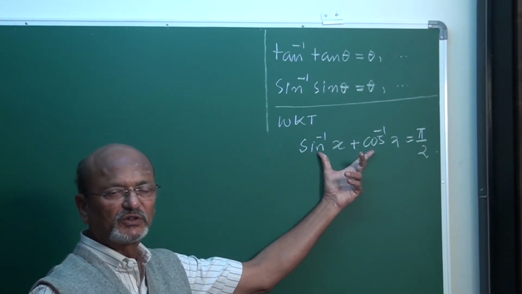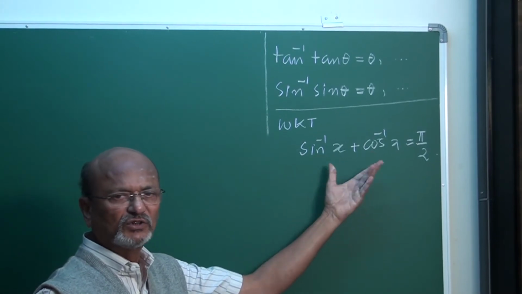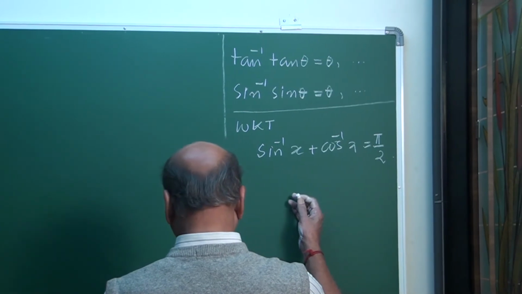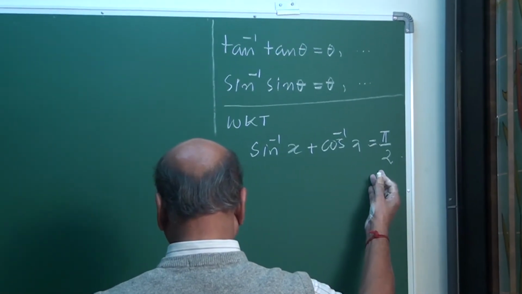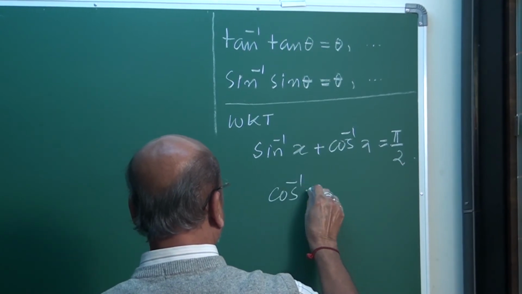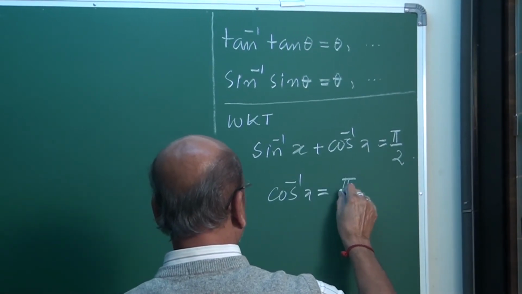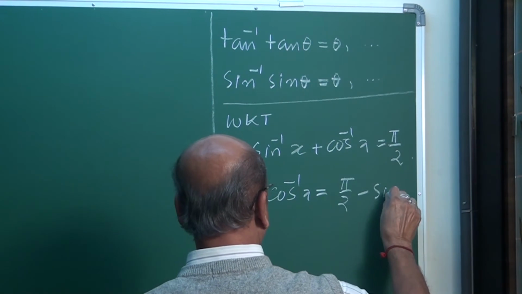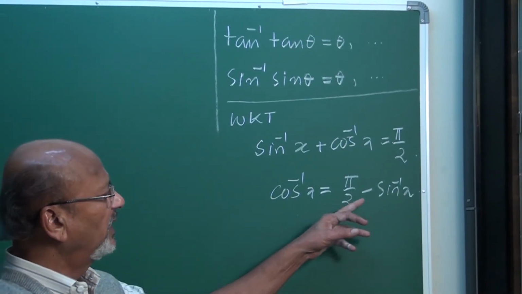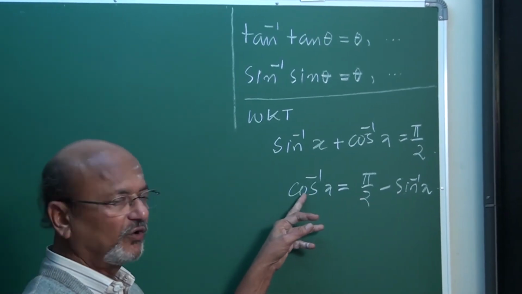Sec inverse x plus cosec inverse x is pi by 2. So from this, my friends, you can shift anyone towards that side. So if you shifted sine, you get cos inverse x is pi by 2 minus sin inverse x.